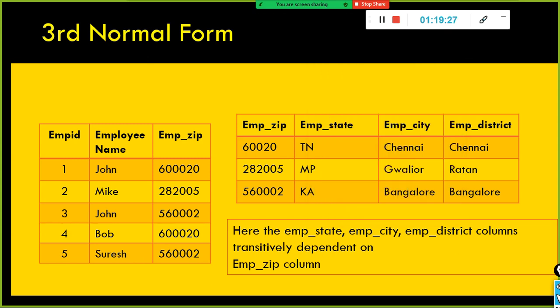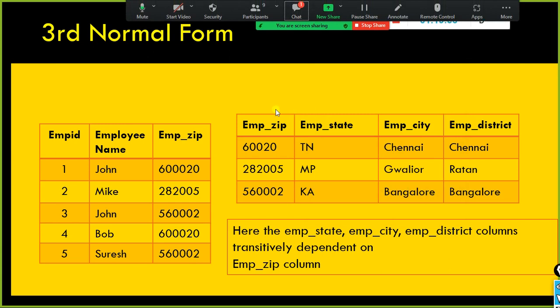Yes, Srinivas, can you explain what is a non-key column? In this one, employee ID is the unique value. This is a key column. Employee name is a non-key column, and even employee zip. But when it comes to this table, we cannot say it is a key column.